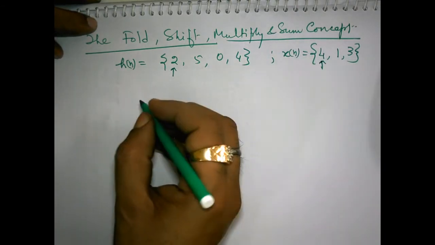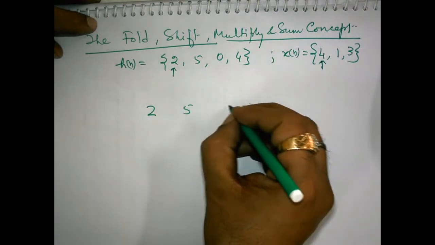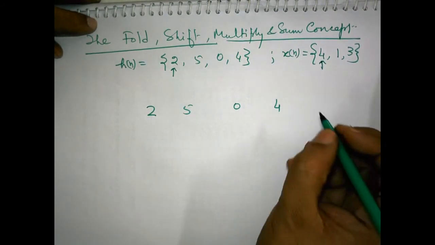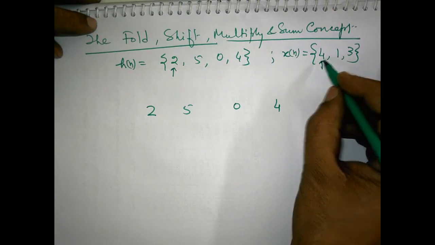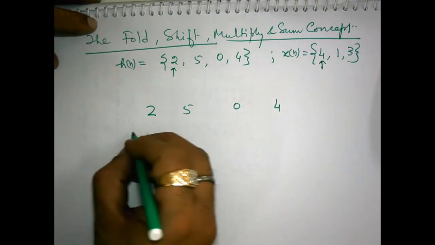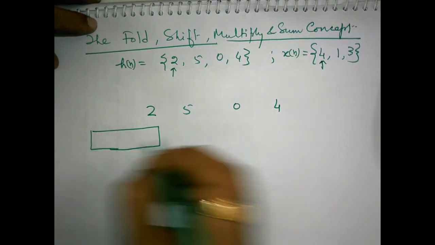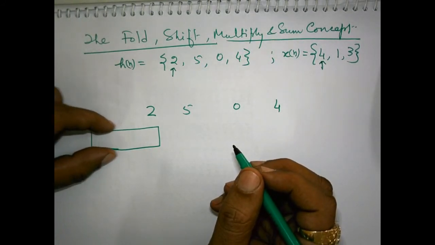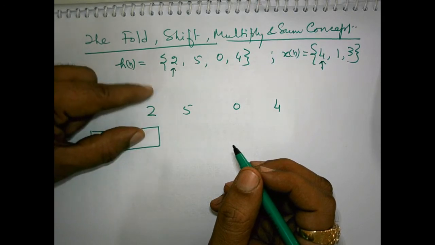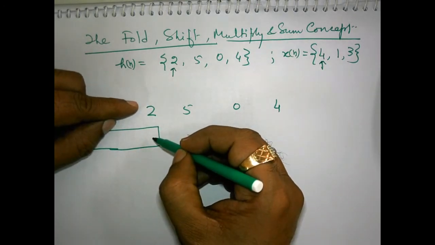You firstly write down Hn like this, 2, 5, 0, 4, and you fold this sequence and write it on a strip. So better to visualize this strip like this, and bring this strip from the left side to the right side, and when it coincides with the first sample of this, then we will obtain the product. Okay.